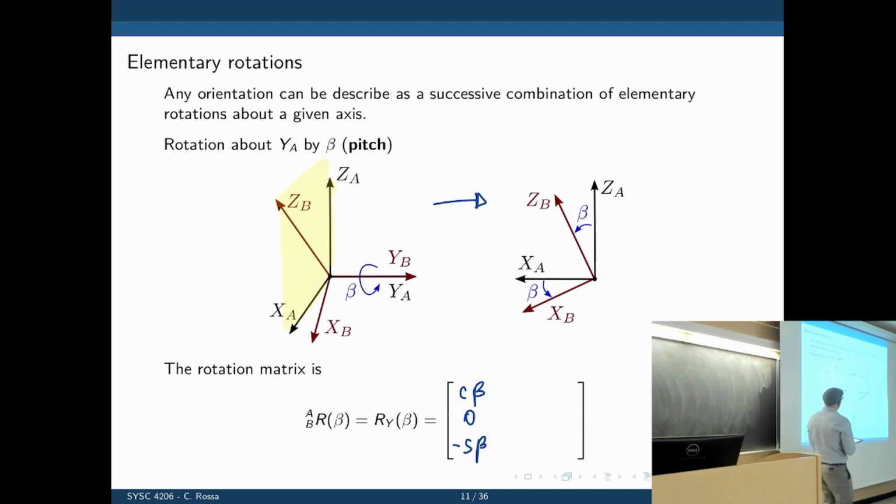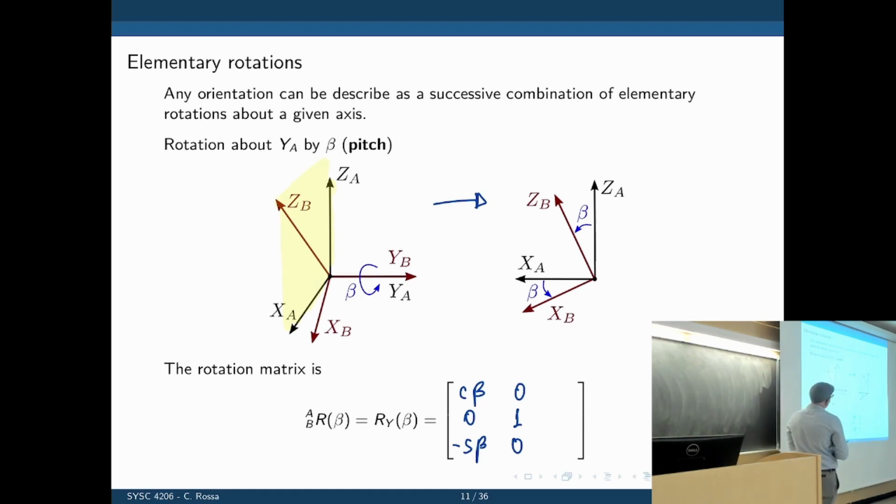Second column is now YB. What is the entire column there for YB? Now we're dealing with YB onto XA, YA and ZA. What goes in there? 0, 1, 0. Exactly. Does that make sense?